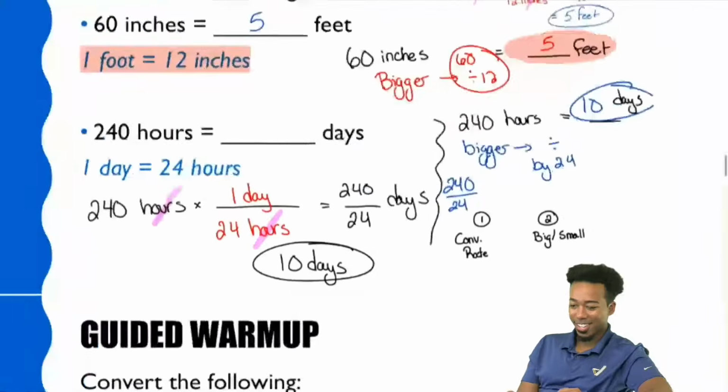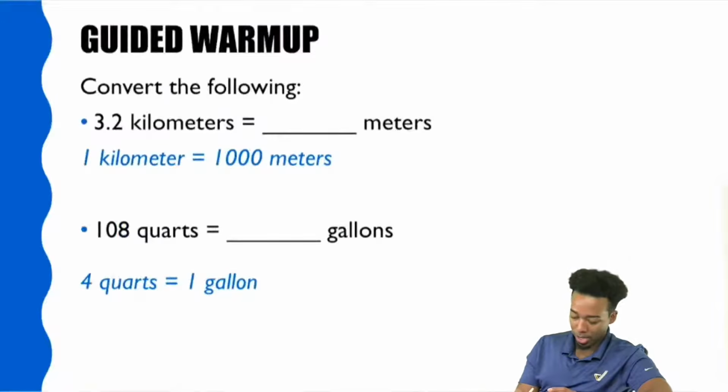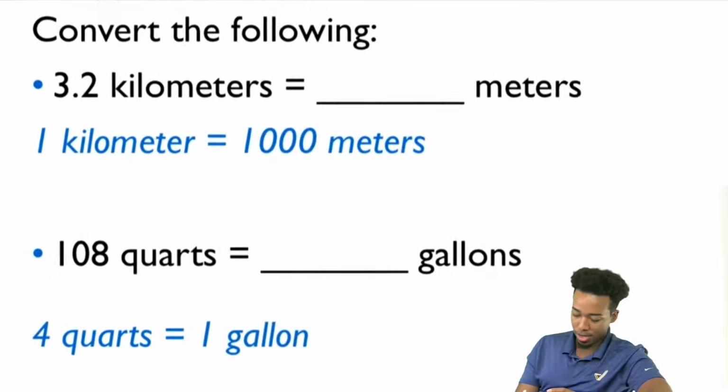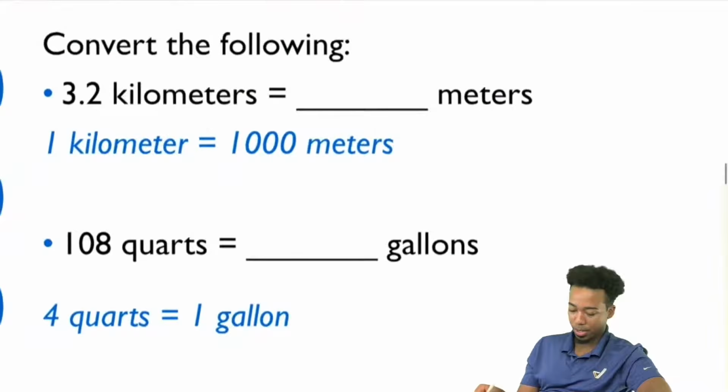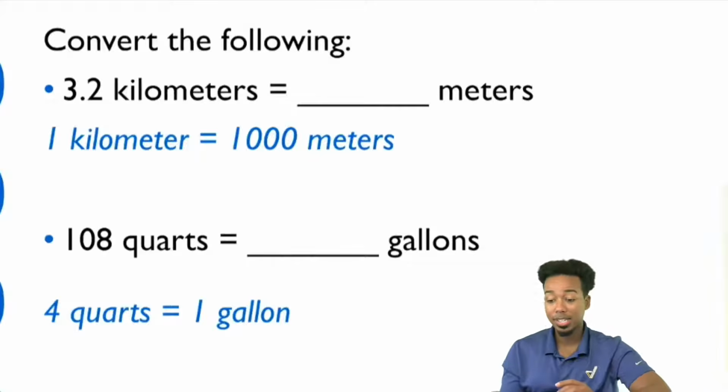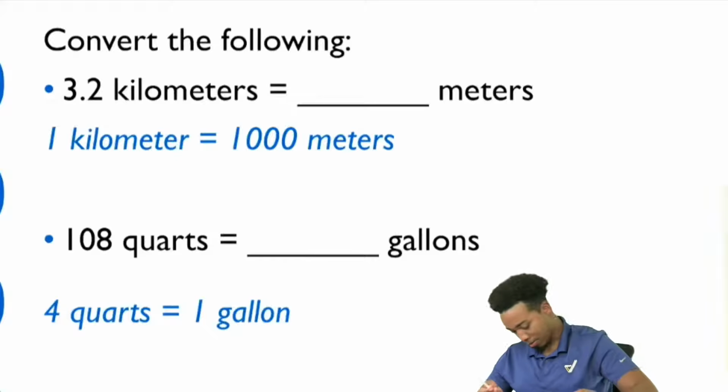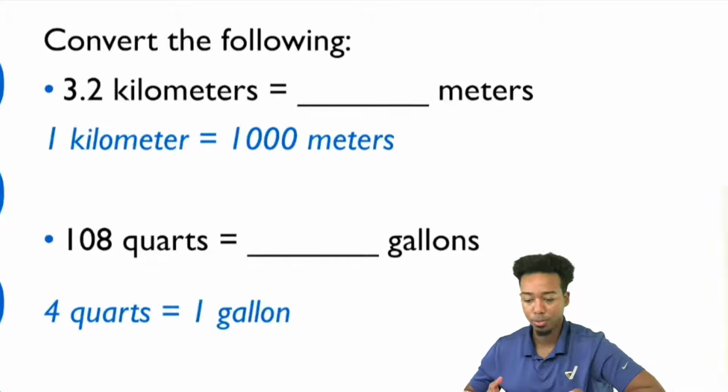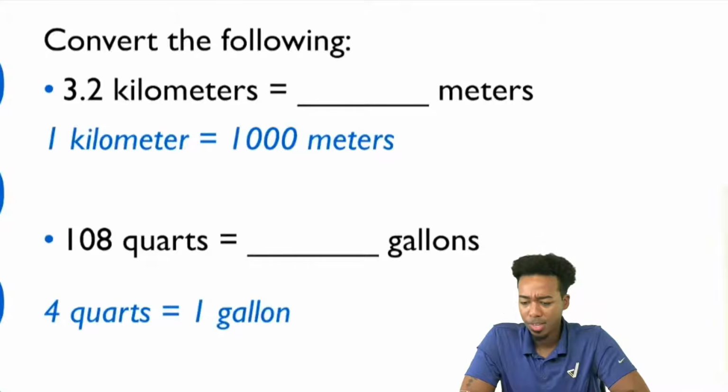All right, cool. So with that, let's get into some more guided warm-ups. I want to give you guys a chance to try these out. So I'm going to leave these here for you and set up a 2-minute timer.